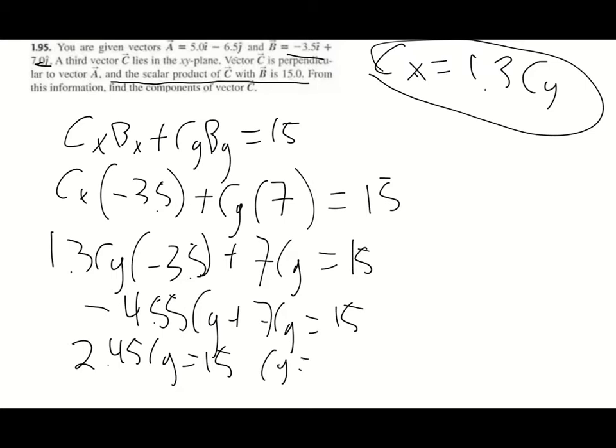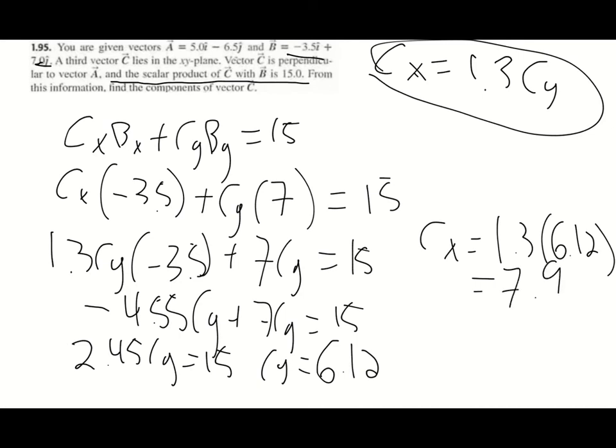CY is going to be 6.12. And CX is just going to be 1.3 times that. So that's going to be 7.96.